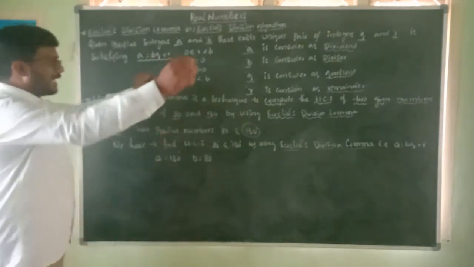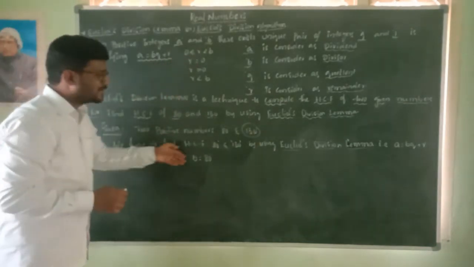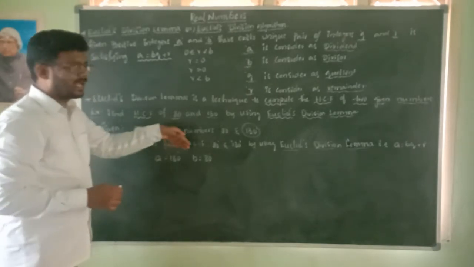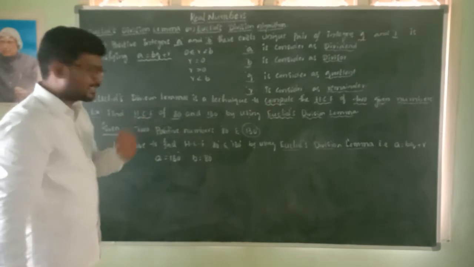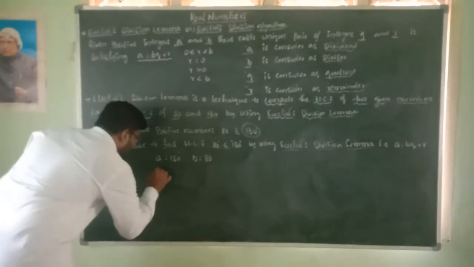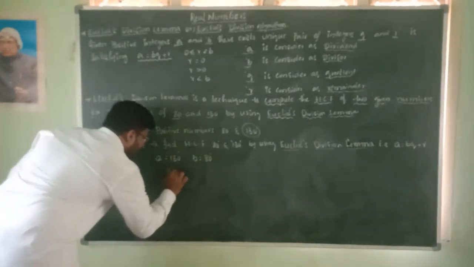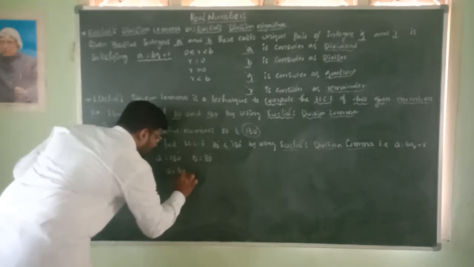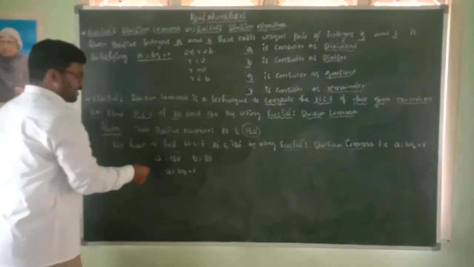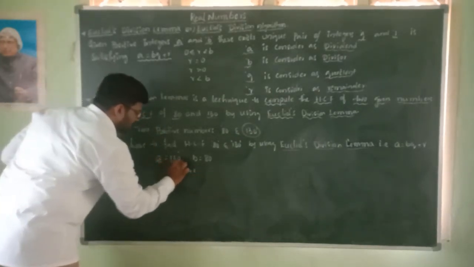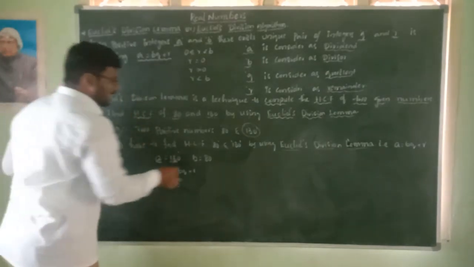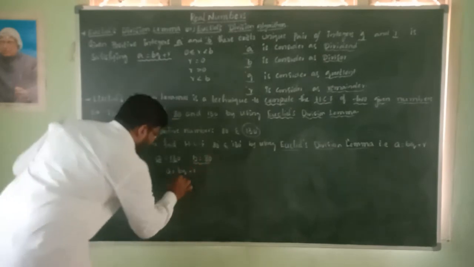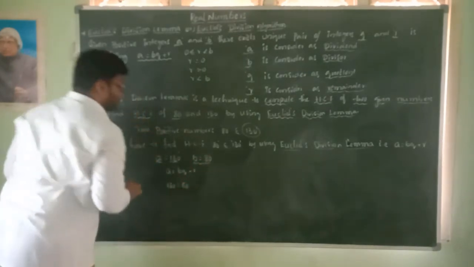Let us substitute these values in the Euclid division lemma condition. Therefore, a is equal to bq plus r, and replace these values: a is equal to 130 in place of a, and replace the b value in place of b.